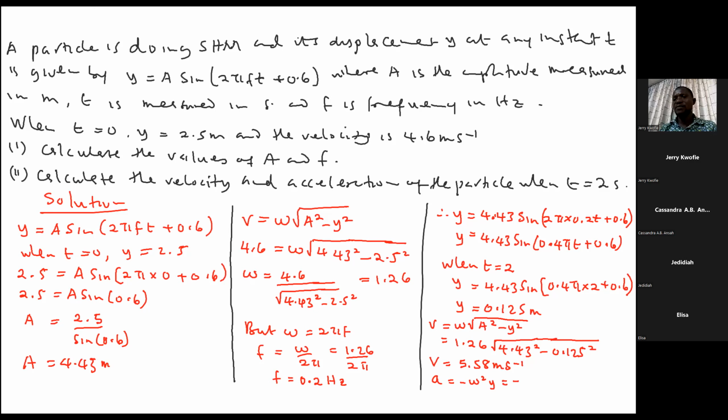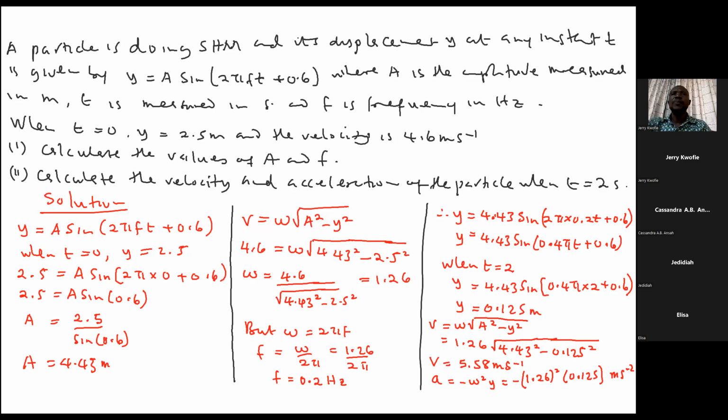We have negative, the omega is 1.26, 1.26 square, see where the square is, and the y is 0.125. The unit is meters per second square. All right, so that is the solution to the problem.